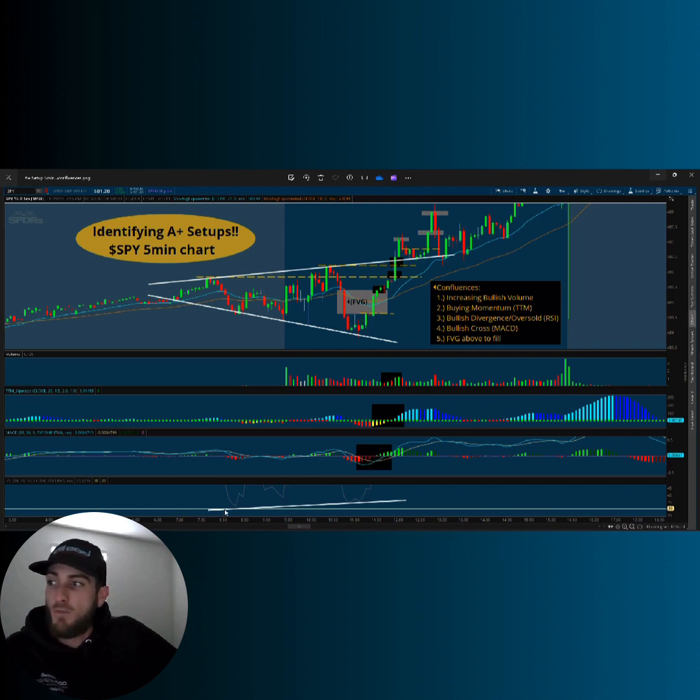And then RSI, we formed bullish divergence as we plotted higher lows while the chart plotted lower lows. And this was also bouncing off of the oversold range, that 30 range of the RSI. So all of those things are indicating the price is at a good level to reverse to the upside.